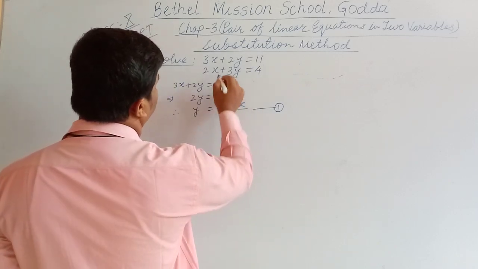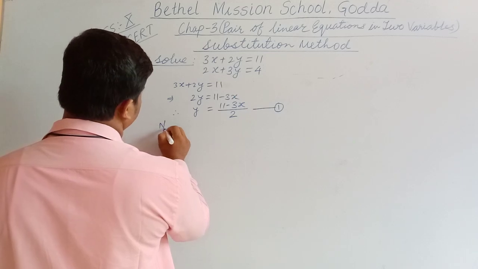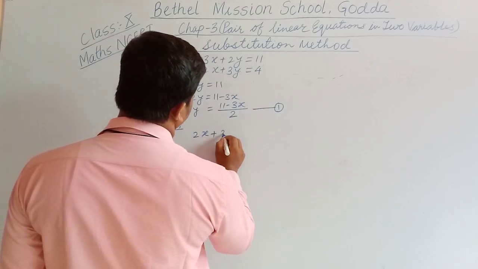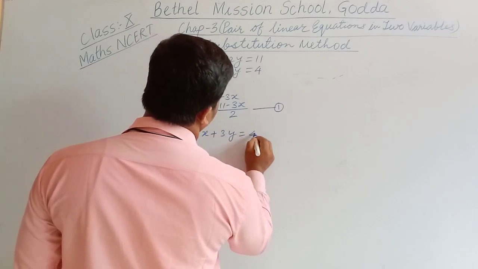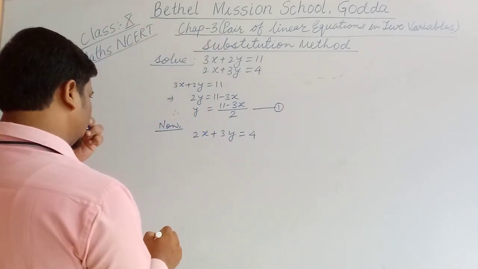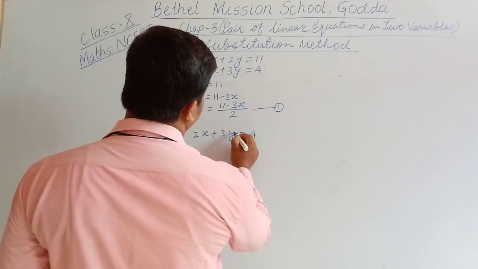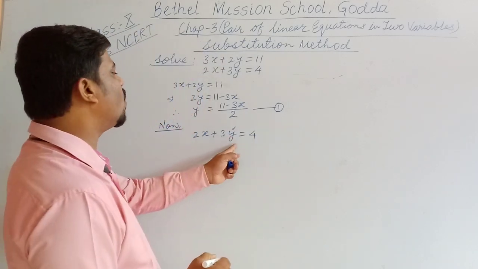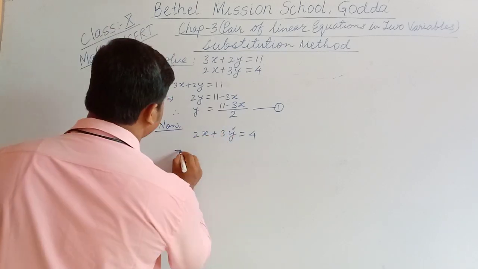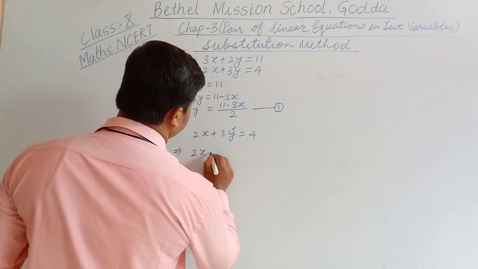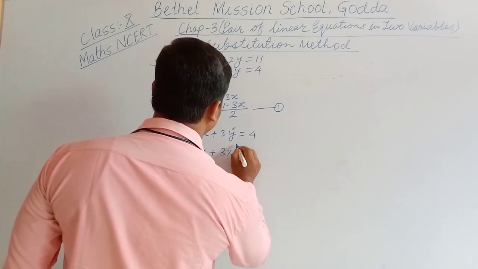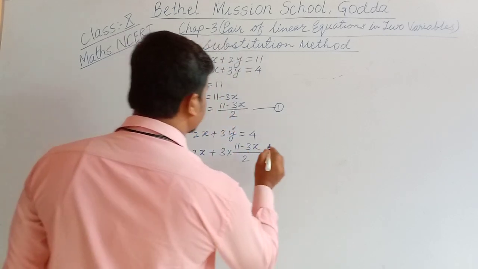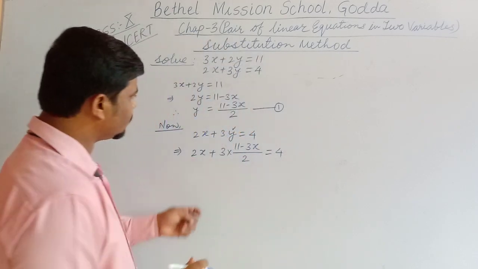Another equation we have is 2x plus 3y equal to 4. Here we will put the value of y. We will substitute the value of y here: 2x plus 3 into 11 minus 3x upon 2 equal to 4.